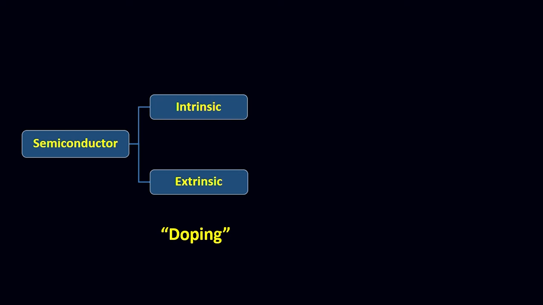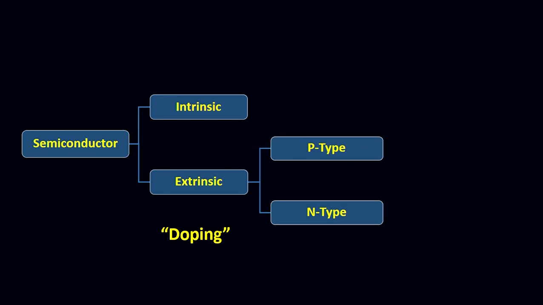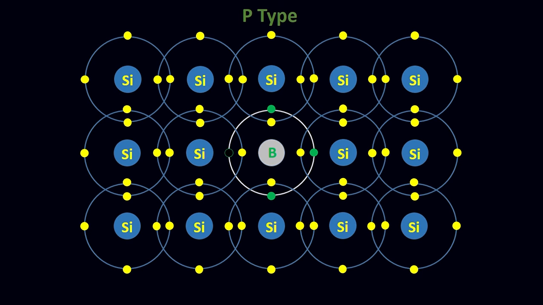Depending on the type of impurity, extrinsic semiconductors are further classified as P-type or N-type semiconductors. In P-type semiconductors, trivalent atoms are added to pure semiconductors. Trivalent atoms have 3 valence electrons. It means when they make covalent bonds with silicon atoms, one hole remains in the outermost orbit.